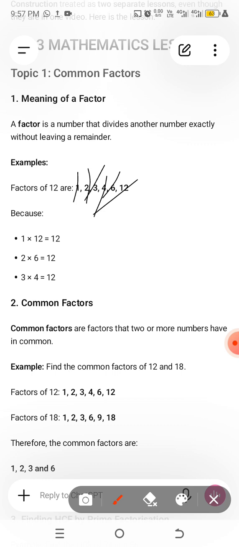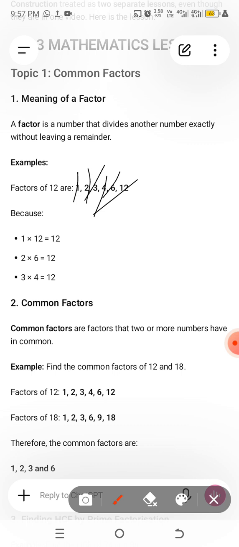3 can go. 4 cannot go because 12 over 4 is 3, but 18 over 4 will just give you 9 over 2, which is 4.5. So it cannot go. 9 cannot go, 12 cannot go, 18 cannot go. 6 can go.